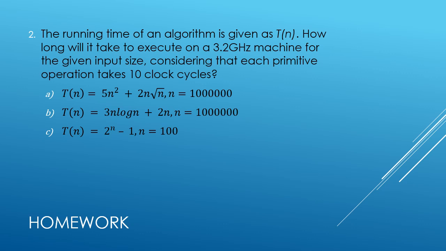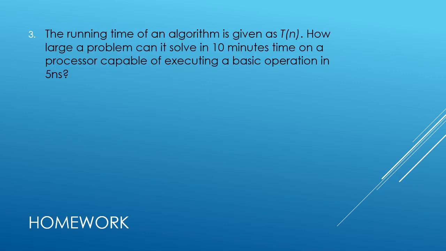These are the values of T(n) for which you have to solve question number 2. Question number 3 says the running time of an algorithm is given as T(n). How large a problem can it solve in 10 minutes on a processor capable of executing a basic operation in 5 nanoseconds?